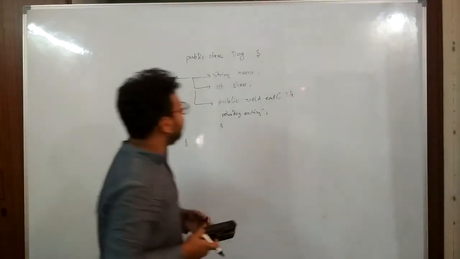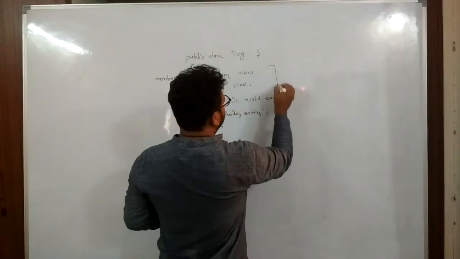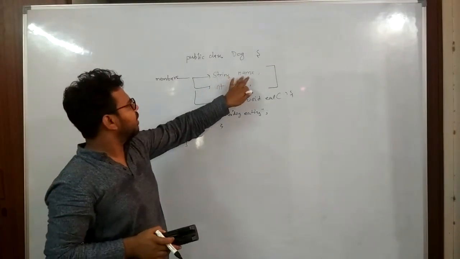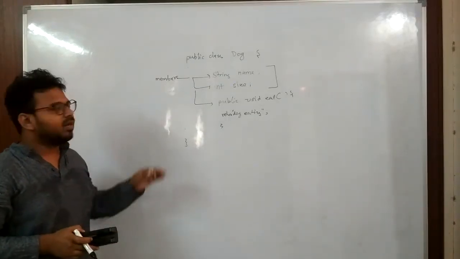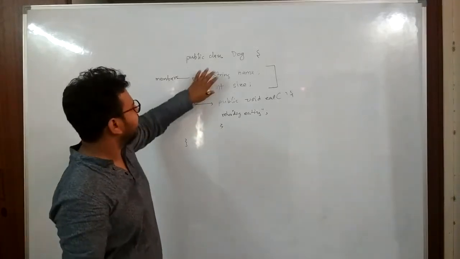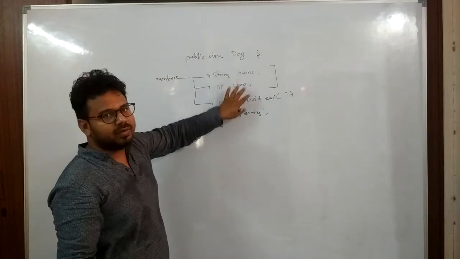Now going specific about the members. What are these variables, String name and int size?